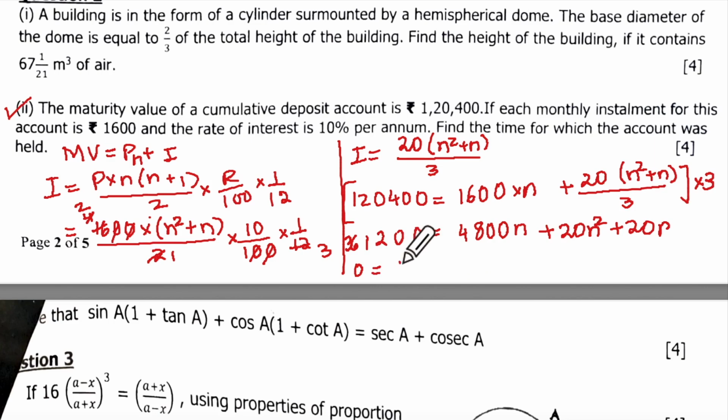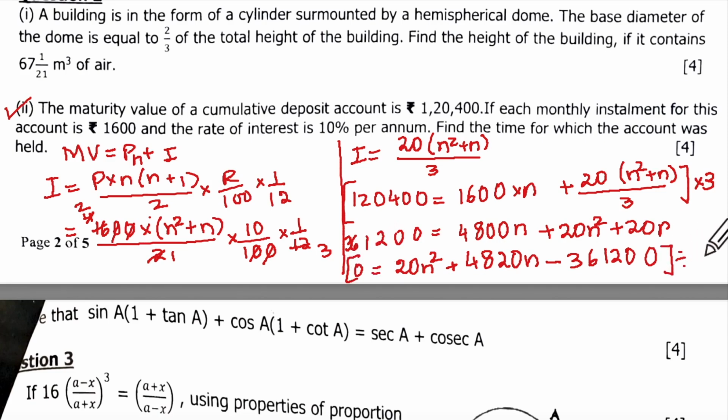So 0 is equal to 20 n square plus 4820 n minus, and this whole thing divided by 20, then 0 equal to n square plus 241 n minus 18060. Okay, oh sorry, we already written 0 there, no?